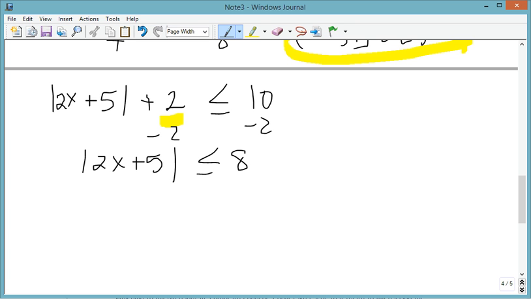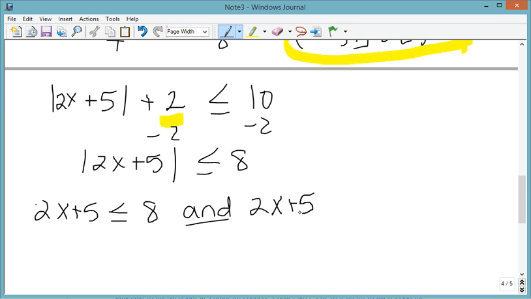Alright, and then it doesn't matter what's inside, we can do 2x plus 5 less than or equal to 8. And remember, it's a less than, so it's going to be the and: 2x plus 5 is greater than or equal to negative 8, and then you solve each one.